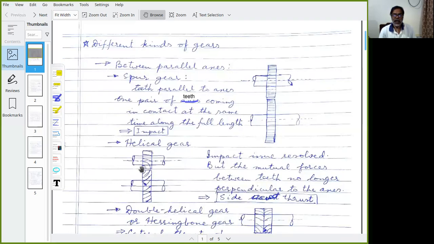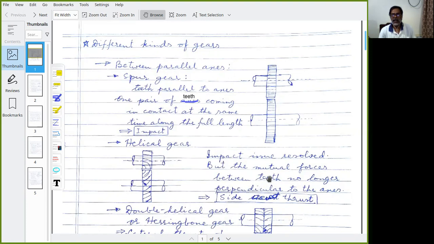Now there is a pressure angle, that is the force acts in an inclined direction, say something like 15 degrees to the perpendicular to the axis, and therefore a sine 15-degree component of the force transmitted to the tooth would come in the axial direction, which is bad because then the gear will experience a force in this direction, and in turn the shaft will experience a force in that direction.